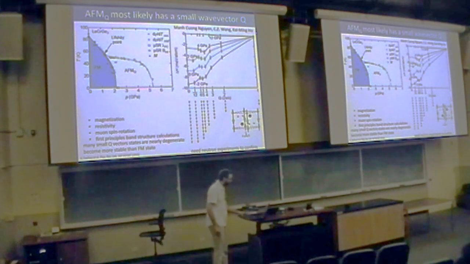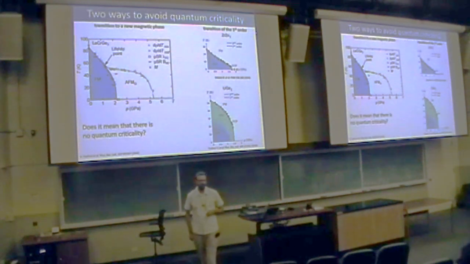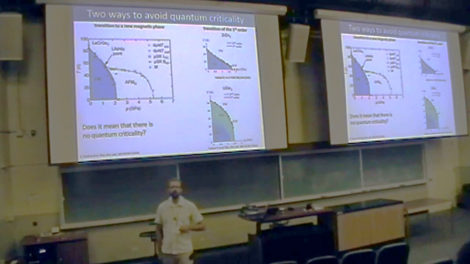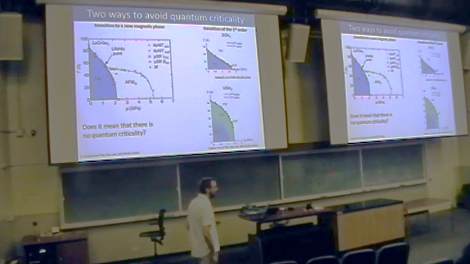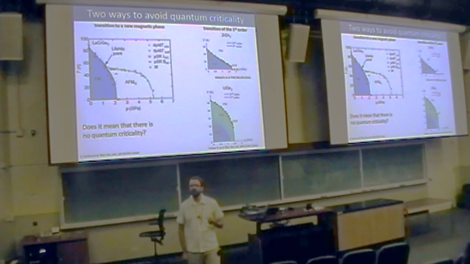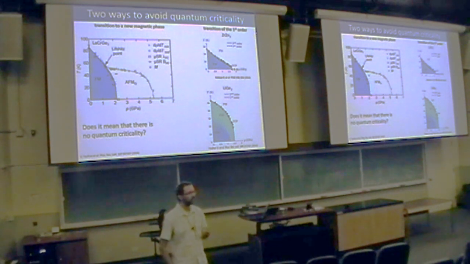And so you see we now have this example of lanthanum chromium germanium 3, which is a new compound that shows this type of phase diagram, where you have the appearance of a new phase, which is a new way to avoid ferromagnetic quantum criticality.